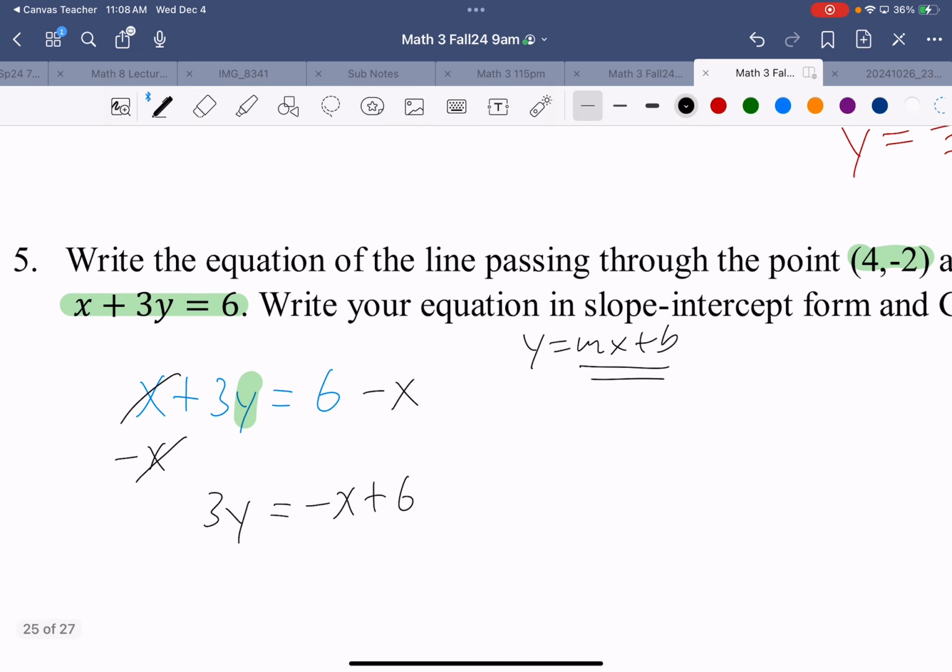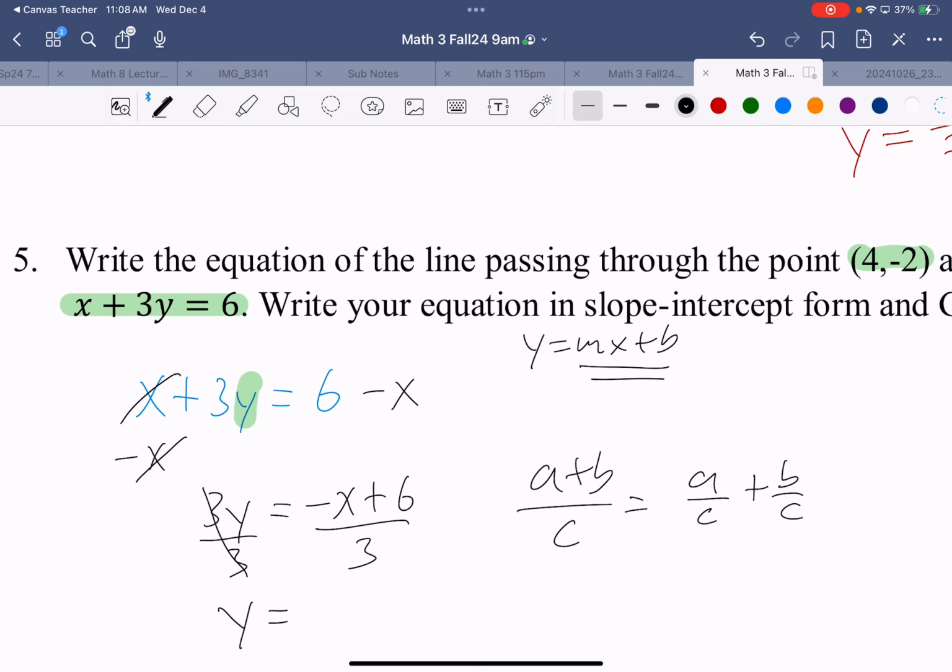And then you divide everything by 3 on both sides. And remember the rule, if you have one term in your denominator, you can always split it into 2 if you have multiple terms in the numerator, which would be negative x over 3 plus 6 over 3.